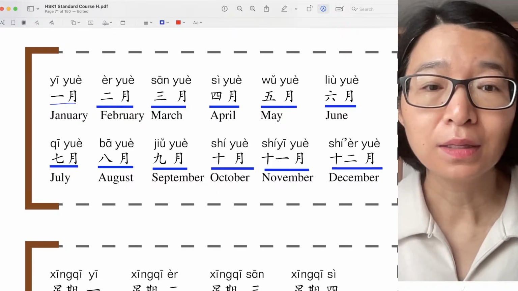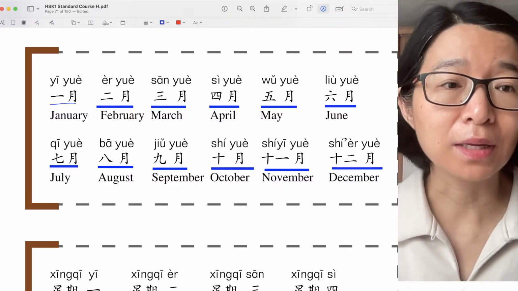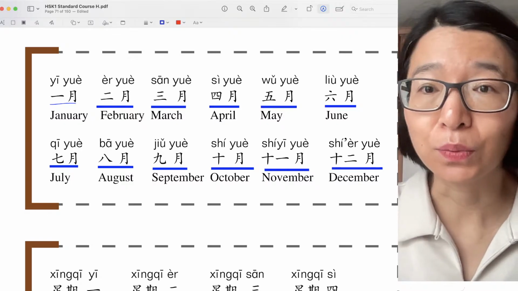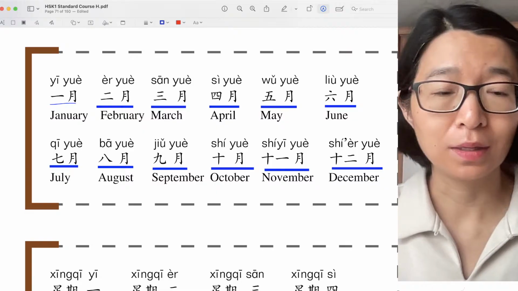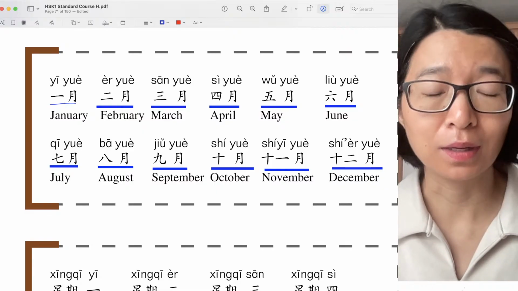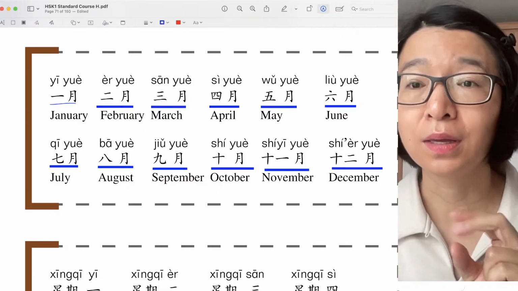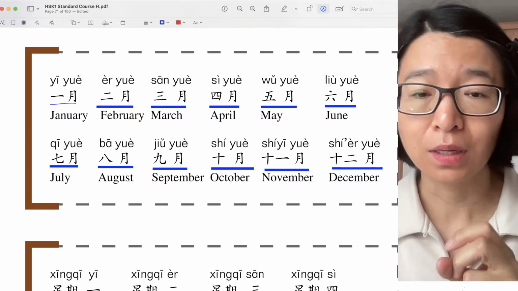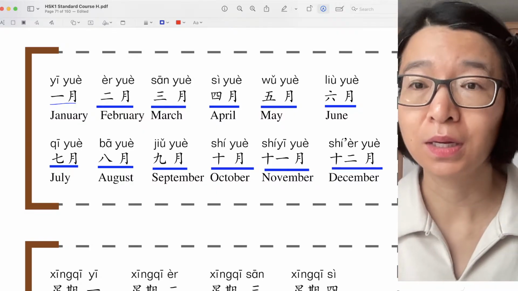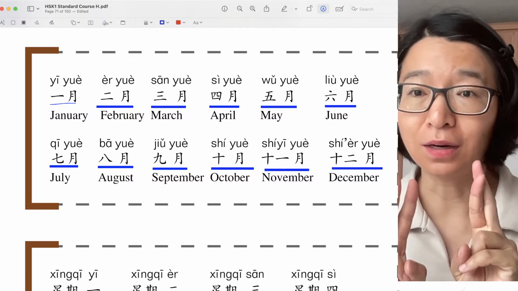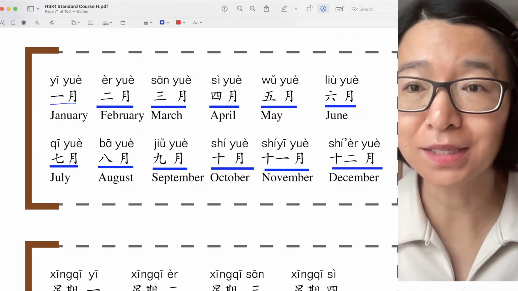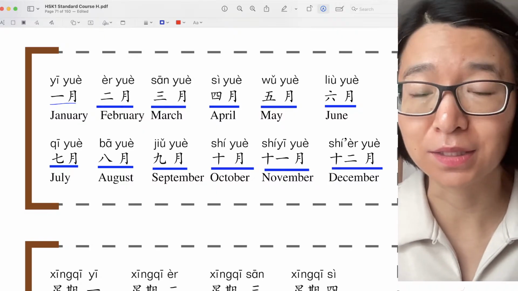And then 3月, 4月, 5月, 6月, 7月, 8月, 9月, 10月, 11月, 12月. Is it easy to say month in Chinese?